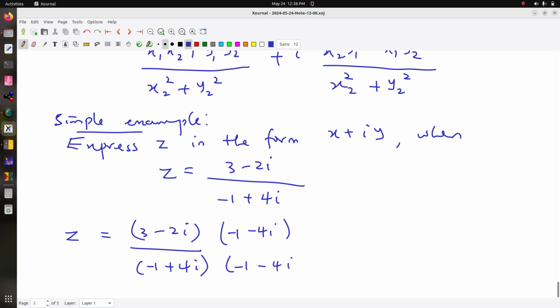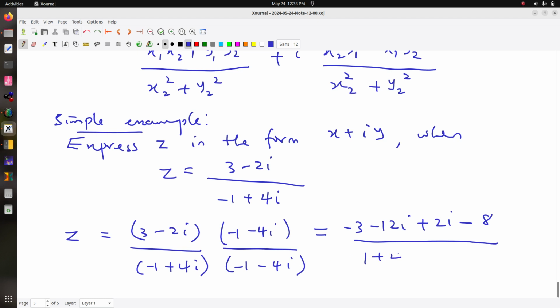If you multiply this, 3 multiplied by minus 1 will be minus 3. 3 multiplied by minus 4i is minus 12i. Minus 2i multiplied by minus 1 will be plus 2i. Then minus times minus is plus, but i times i is minus, so that will be minus 2 times 4, which is 8. Then divided by minus 1 times minus 1, which is 1. Minus 1 multiplied by minus 4i is plus 4i, plus 4i multiplied by minus 1 is minus 4i.